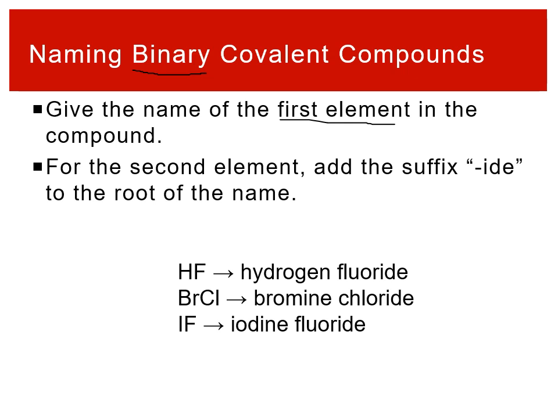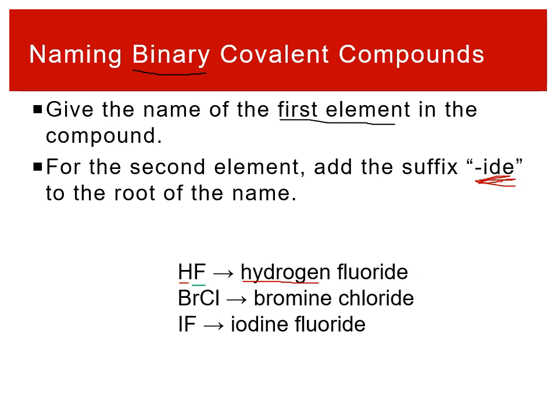When we say first element, this is just the order in the molecular formula. If we're given a molecular formula, we just ask, what's the first element in that formula? We write out that name. Then for the second element, we use the same -ide ending, changing the root. For example, H is hydrogen, and F is fluorine.